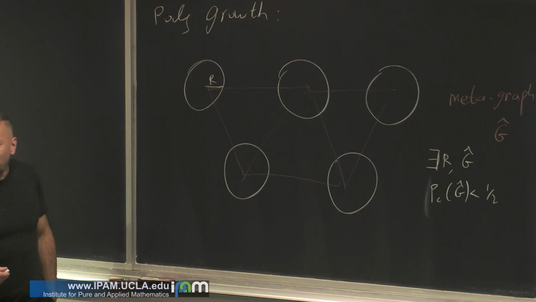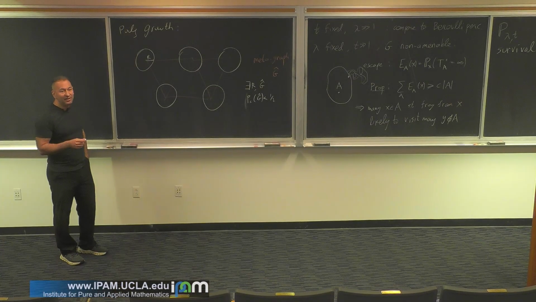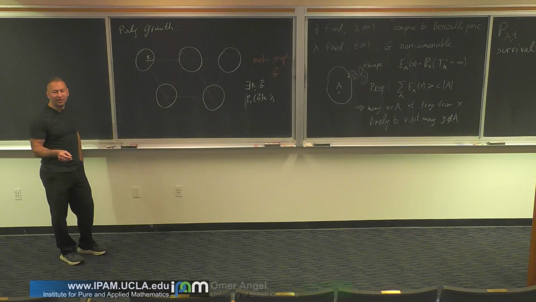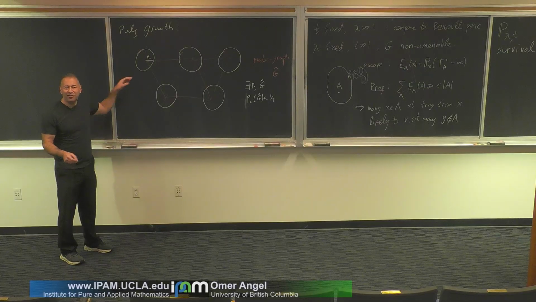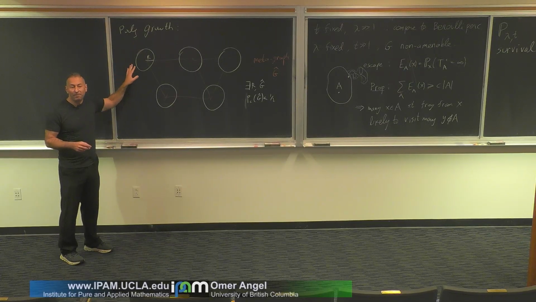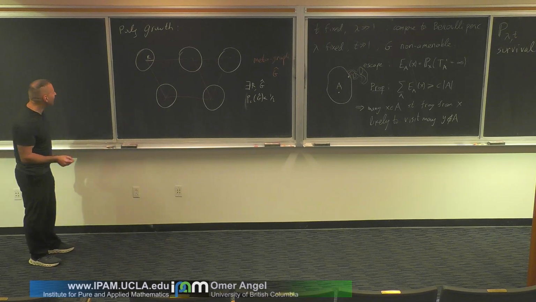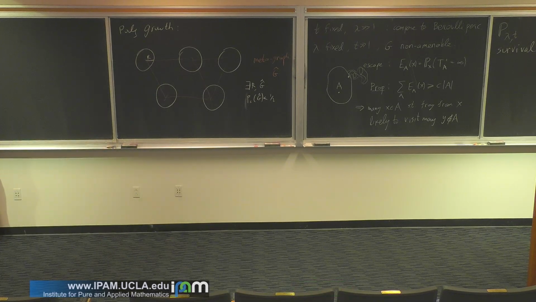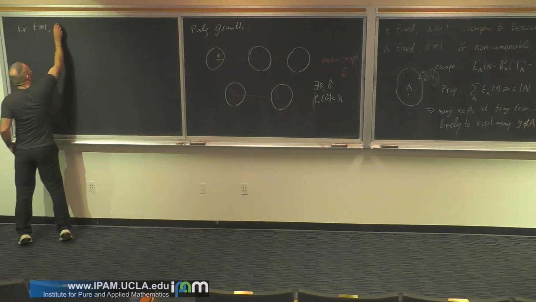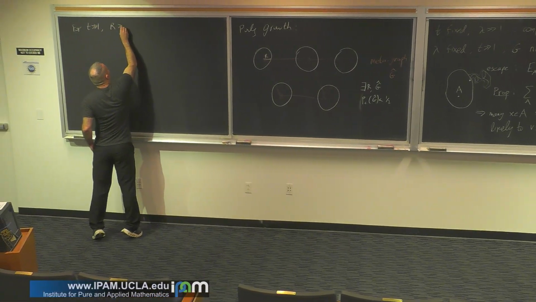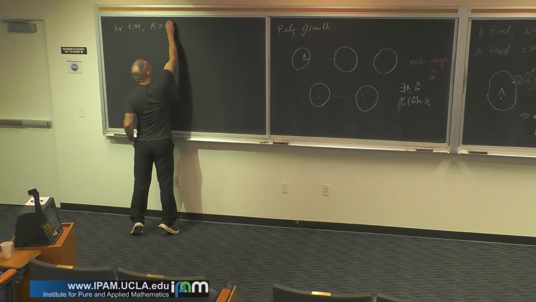And the idea for that is that if the lifetime is large, and we take a sufficiently large lifetime, then the radius is such that most of the life of the frog is spent inside the ball. So if t is sufficiently large, for t large, r larger than, let's just say t squared.